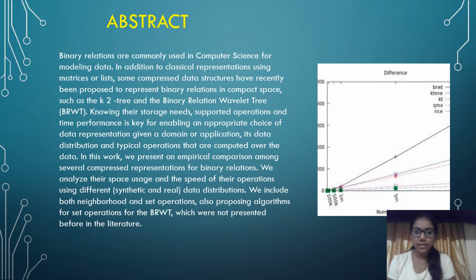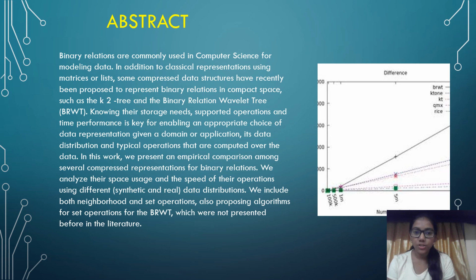Abstract. Binary relations are commonly used in computer science for modeling data. In addition to classical representation using matrices or lists, some compressed data structures have recently been proposed to represent binary relations in compact space, such as K2 tree and binary relation wavelet tree, BRWT.